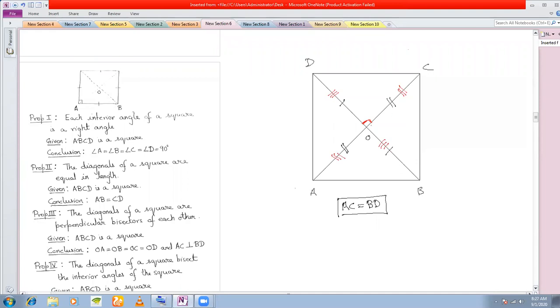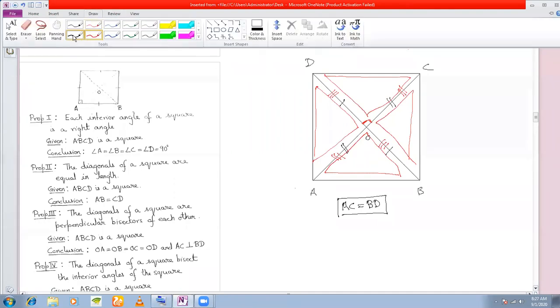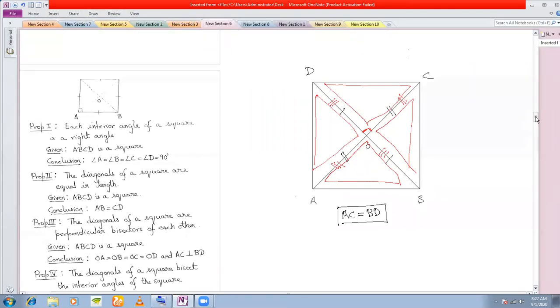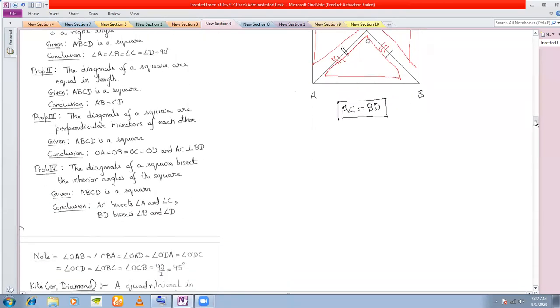So what you see is that even inside a square, you have this isosceles triangle, this isosceles triangle, this triangle is also isosceles, and this triangle is also isosceles. So again, in a square also, you have four isosceles triangles inside it. So this was your third property.